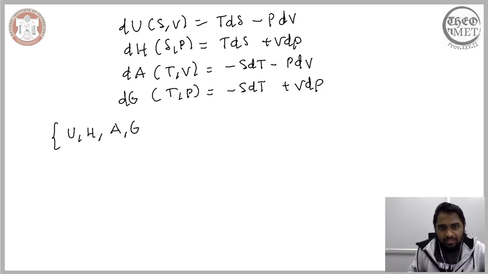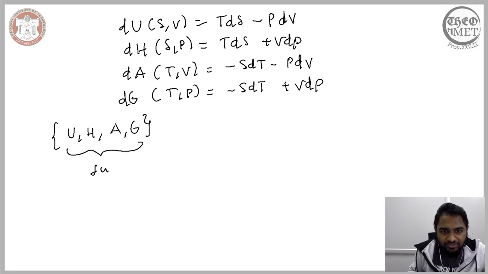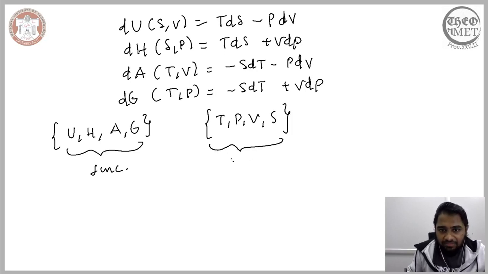So these constitute our thermodynamic functions, and the thermodynamic variables that dictate these functions are temperature, pressure, volume and entropy. So these are the variables that dictate the thermodynamic functions.